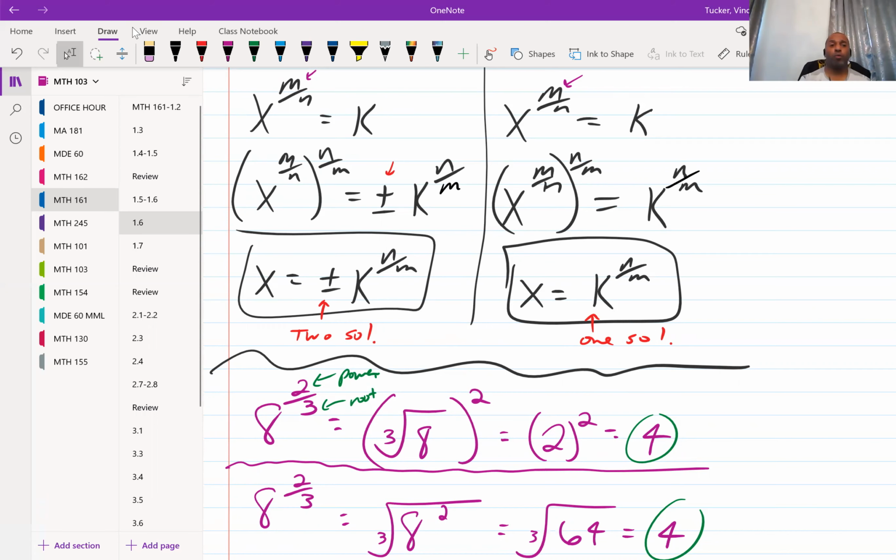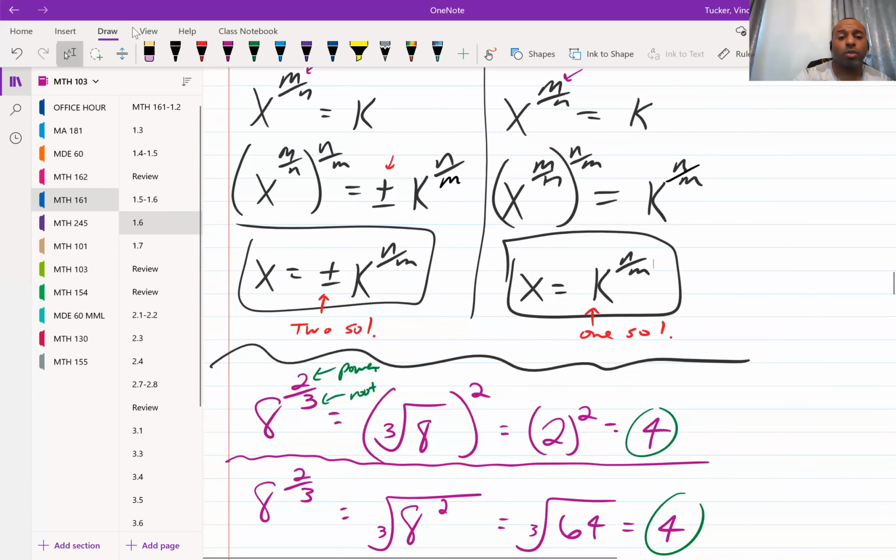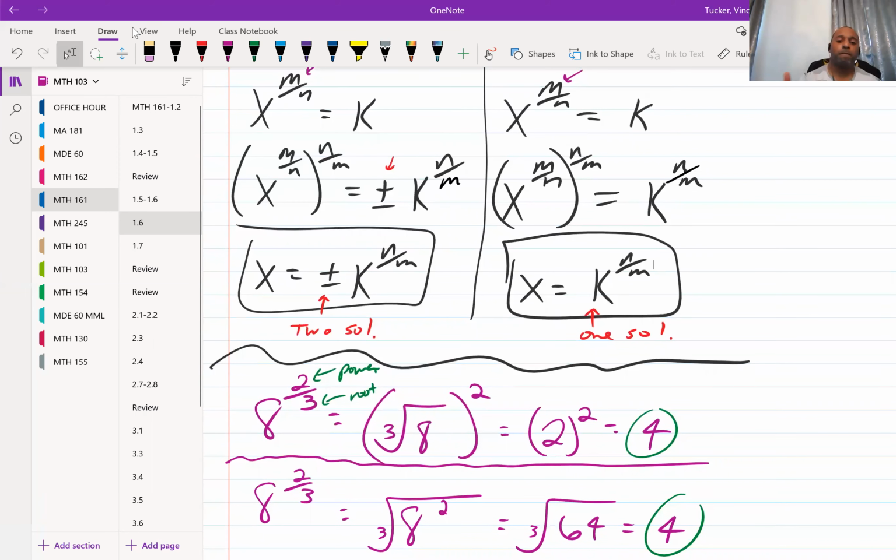It doesn't matter which order you execute it, as long as you hold true to that. So I can take the cube root of 8 first and then square it, or I can square 8 first and then take the cube root of it.